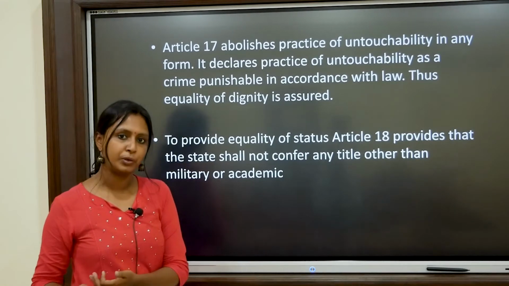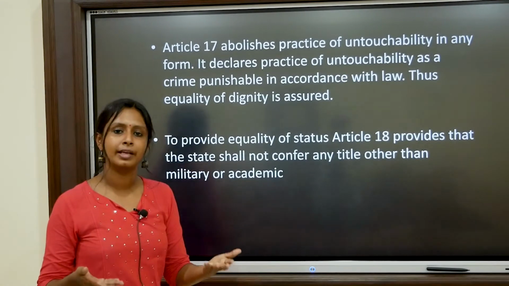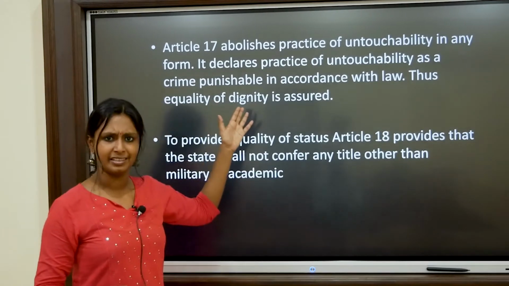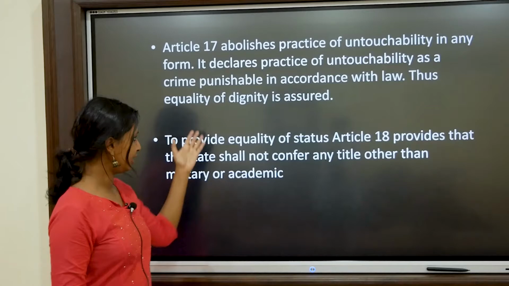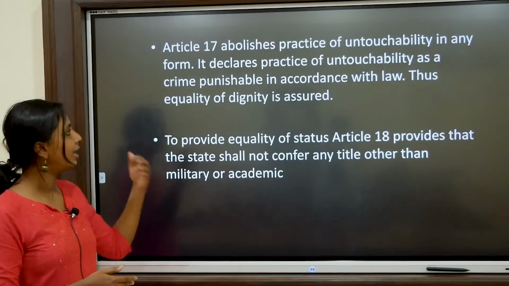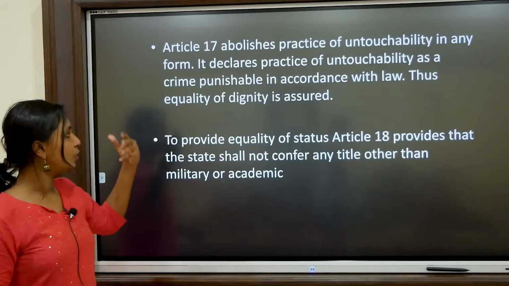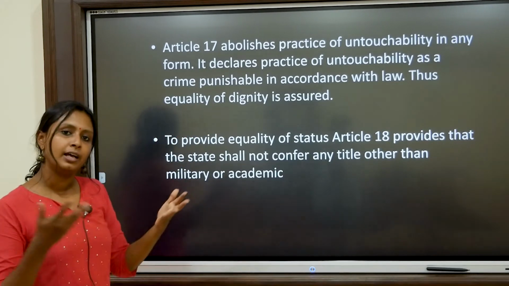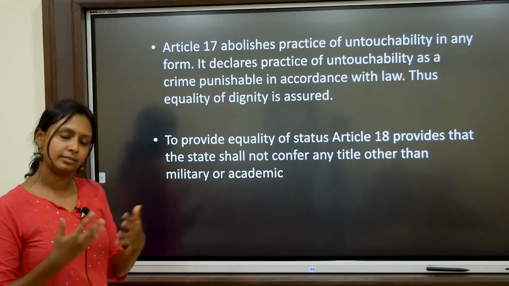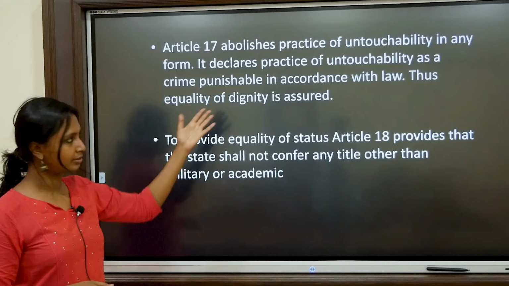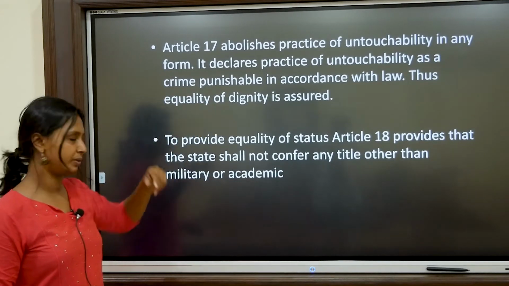Especially the lower caste communities were termed untouchable people. Through this article, this evil practice is abolished, and through its abolition, equality of dignity is assured for every person. Every person has his own dignity, and through this article, it is ensured.